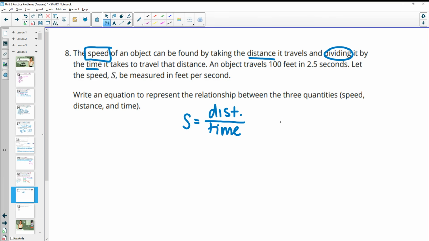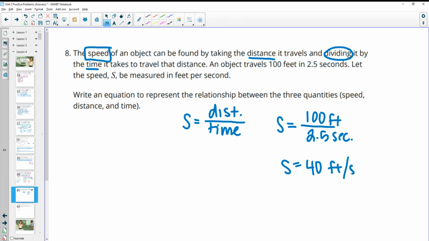That's going to give us the speed. So s equals, in this case, the distance is 100 feet divided by 2.5 seconds. So you could leave it like that, or you could divide it down and get that 100 divided by 2.5 is 40, and then we would say feet per second.